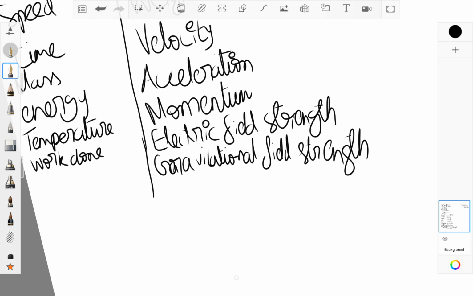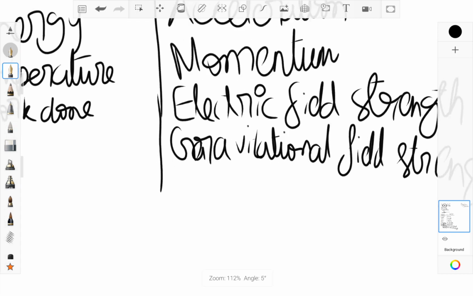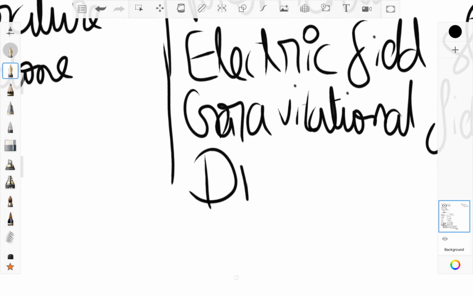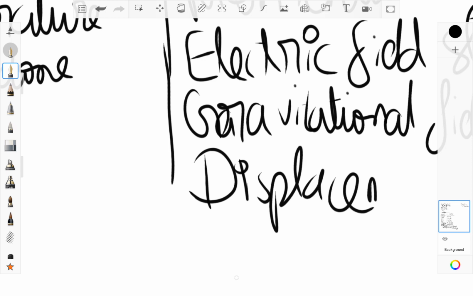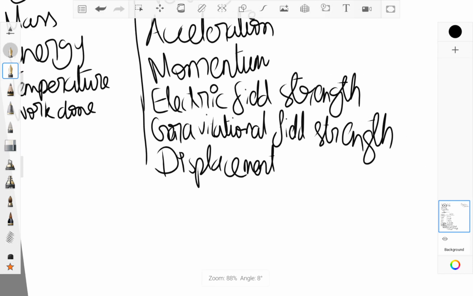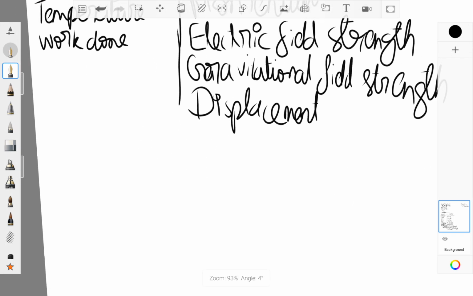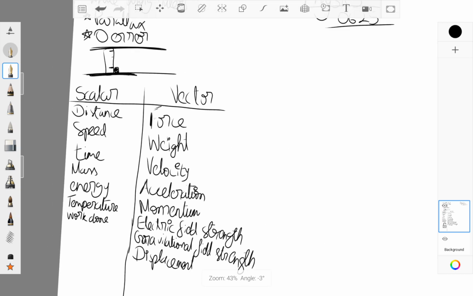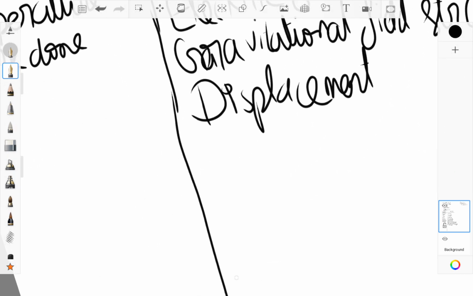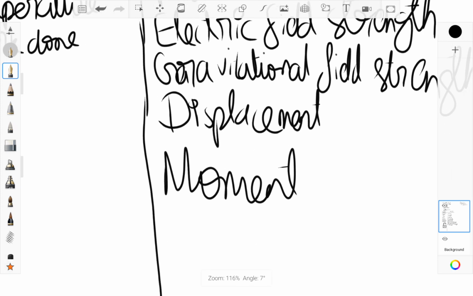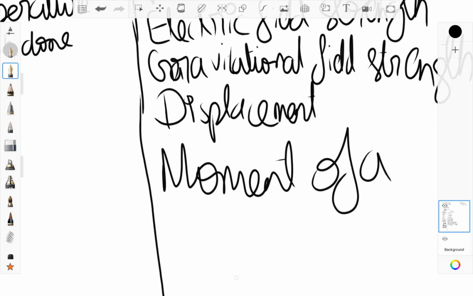A few more that I would like to add are displacement. Displacement is a vector quantity. It's similar to distance, but it is not the same thing. I'll explain the difference between displacement and distance later on. Moment of a force is also a vector quantity.